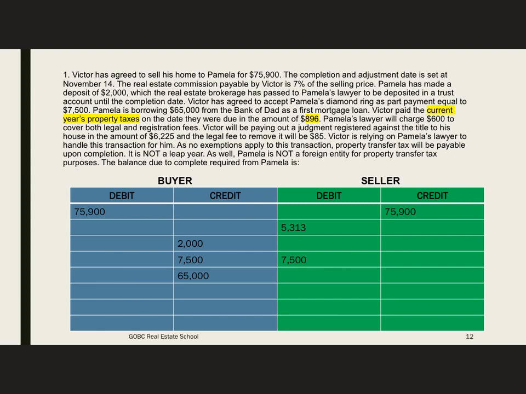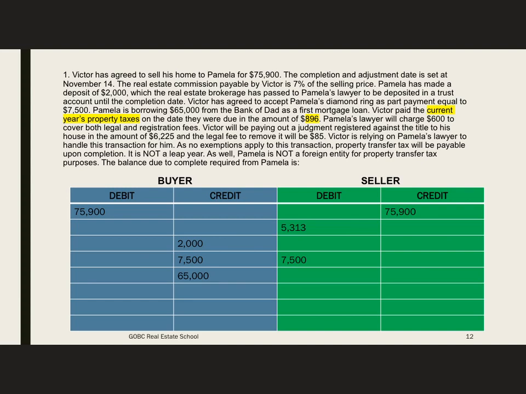The next thing we're going to deal with is the property taxes. It says here that the current year's property taxes were due in the amount of $896, and Victor already paid them. So for this one, we have a little bit of a calculation to manage. We've got to see what portion Pamela needs to pay to Victor because Victor already paid.